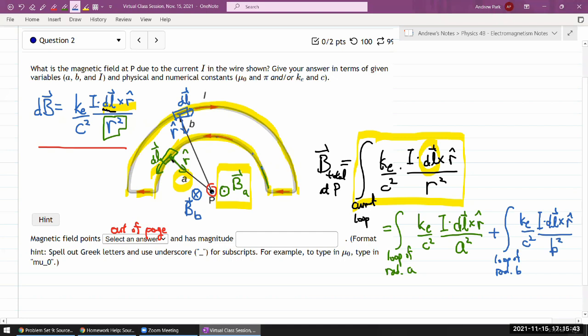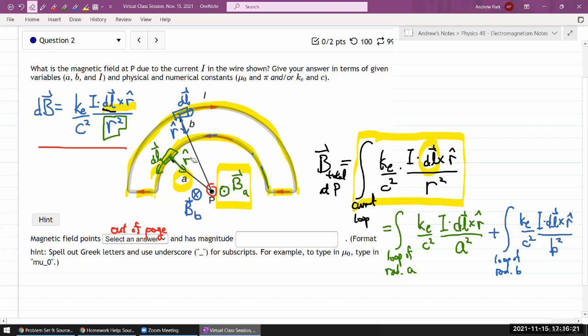For each one of these points, I hope you see that dl and r hat are always perpendicular. It's the nice thing about this particular geometry: the current is tangent to the circle, and the radial direction is always perpendicular to the tangent direction. So the magnitude of dl cross r hat is always going to be dl times r hat, because it's perpendicular along the entire path.